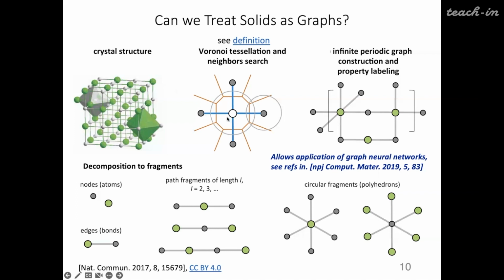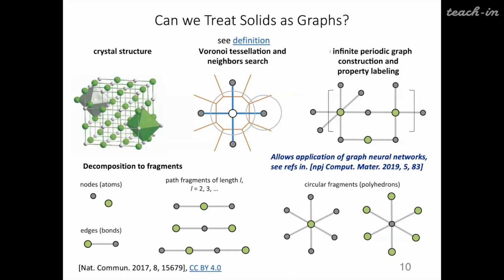Next, we can search for neighbors. So we then can connect neighboring atoms, and in such a way we get an infinite periodic graph.